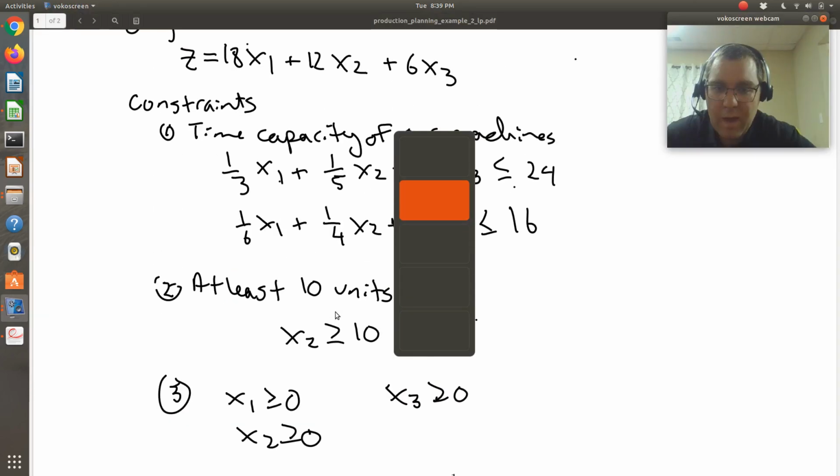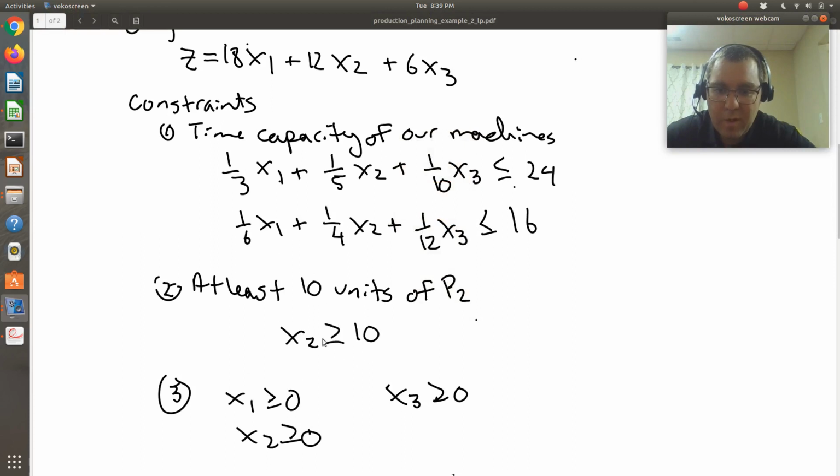And again, if I bring this over to the left-hand side, I can write it as x2 minus 10, and that's going to be greater than or equal to 0. Or, if I want to keep working with less than or equal to, like I have up here when I brought 24 and 16 over, I could just do 10 minus x2, and that'll be less than or equal to 0. One or the other.